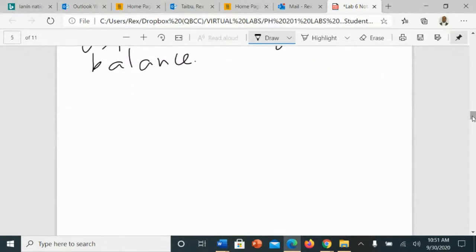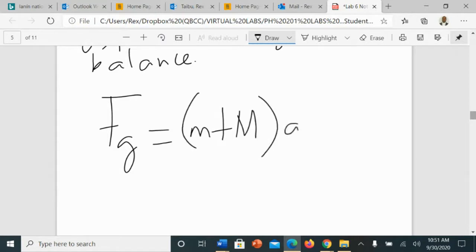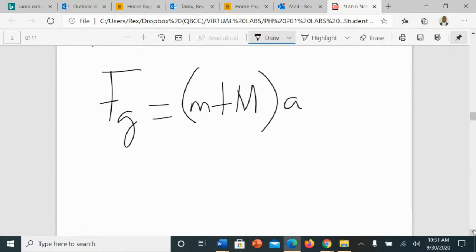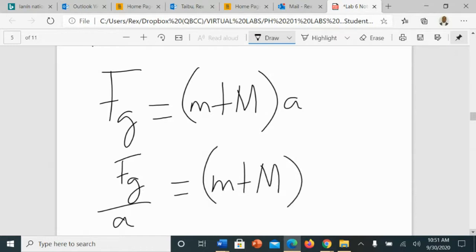Why did I say the slope equal to the system mass? It's because Fg is small m plus capital M times small a. If I divide both sides by the acceleration, I'll end up with Fg over acceleration is equal to m plus capital M, which is equal to system mass.